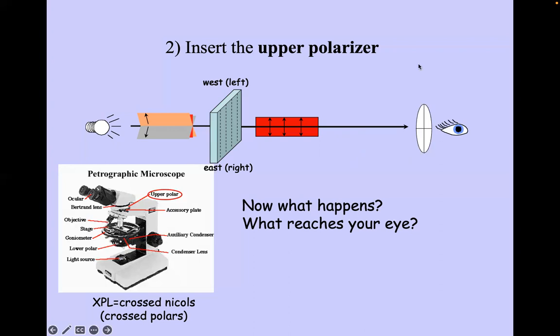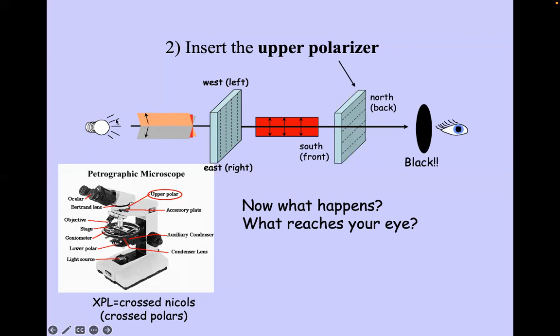So then what will happen? You have fixed the second polarizer, its vibration direction is north-south, but the light coming from the first polarizer is vibrating along east-west. Can this second polarizer allow this light to pass through? No. Only light vibrating north-south can pass through it.